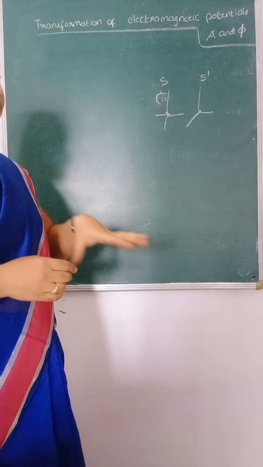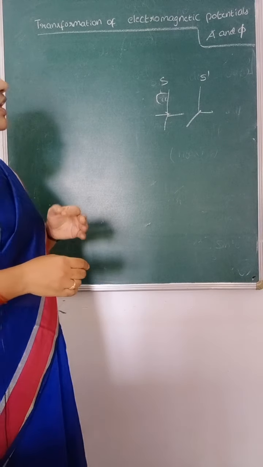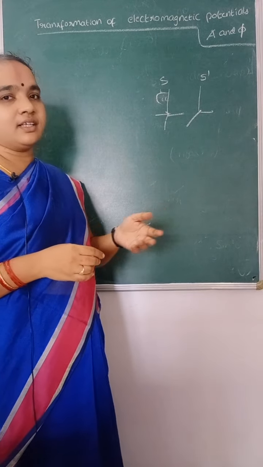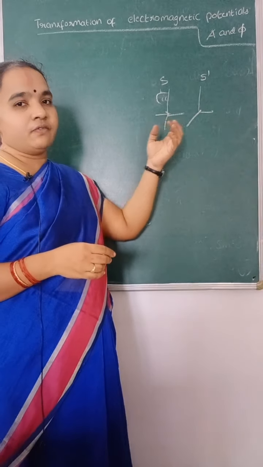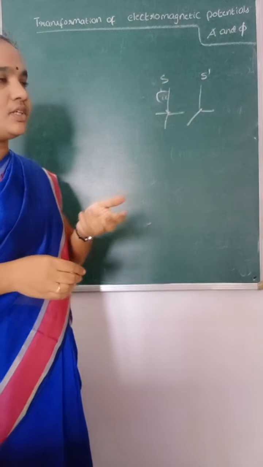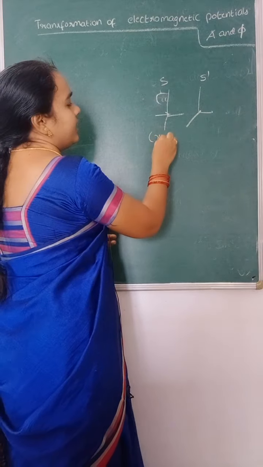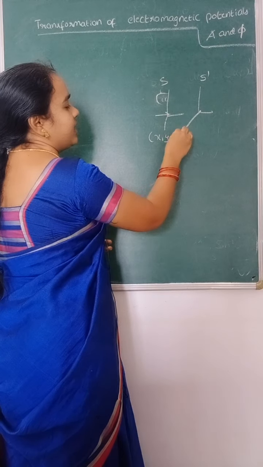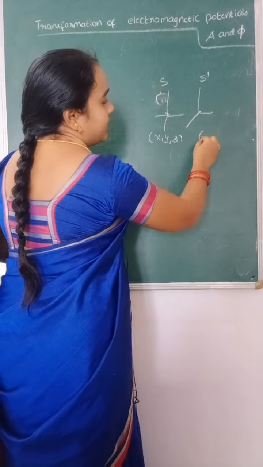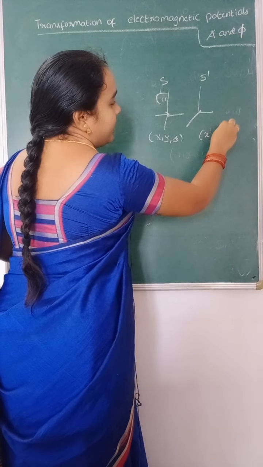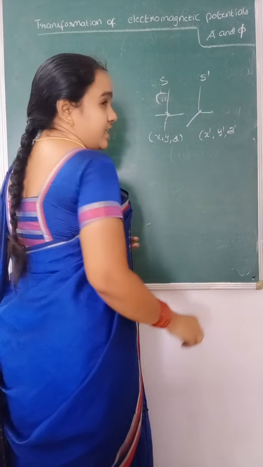In electrodynamics, we transform several quantities. For example, the position of the particle may be x, y, z here, and x dash, y dash, z dash here.